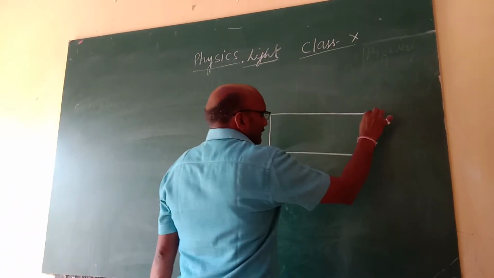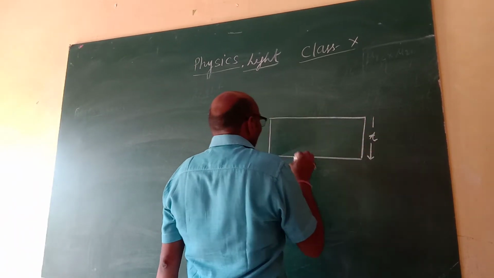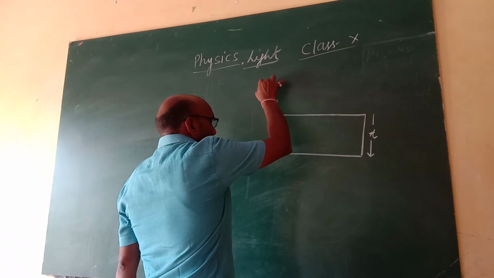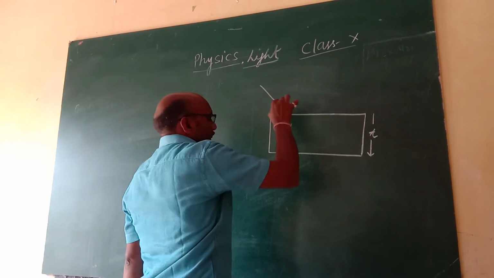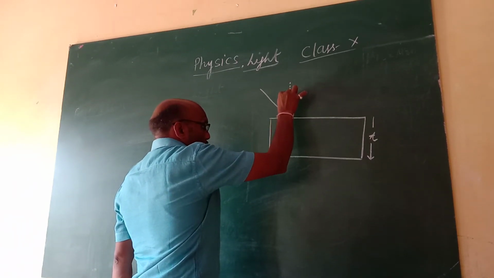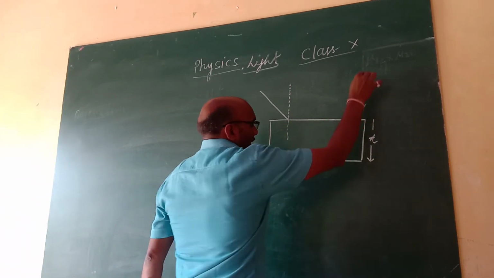Let its thickness be T. Light is coming on the surface of the glass slab at this point, and this is the normal, this is glass, and this is air.